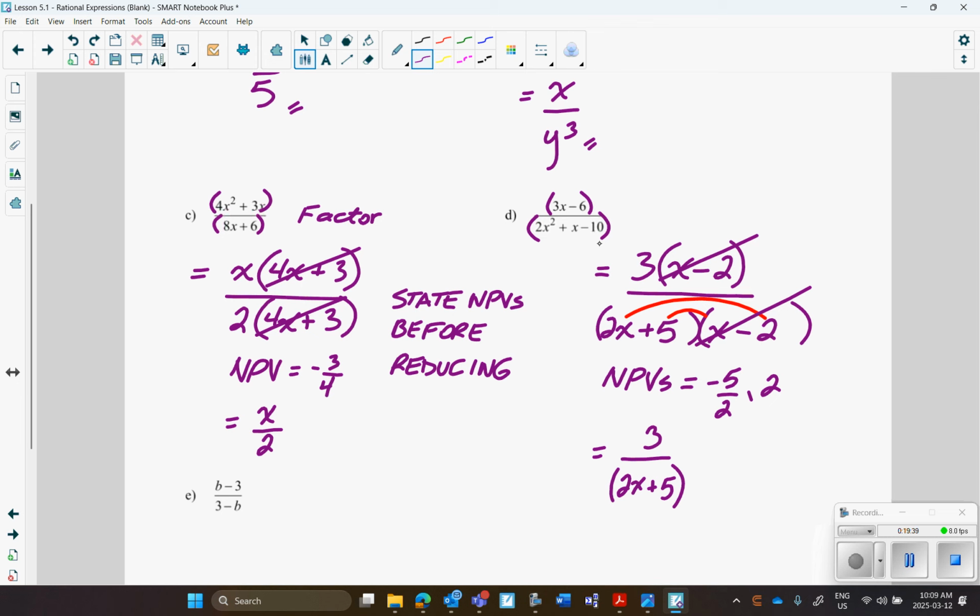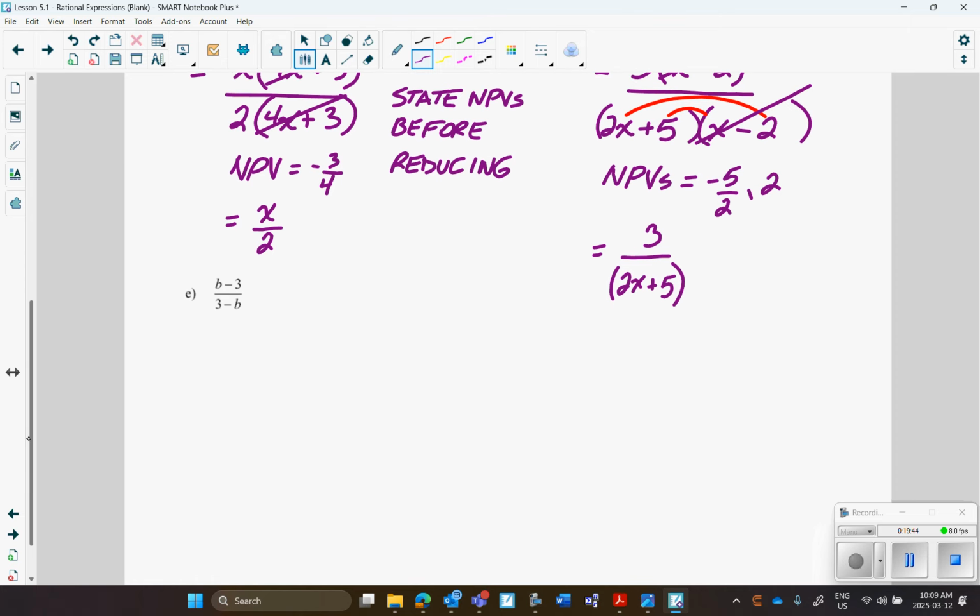Okay, the last example is kind of a special case. What do you notice? Same terms, subtraction, but it's reversed, right? Okay.